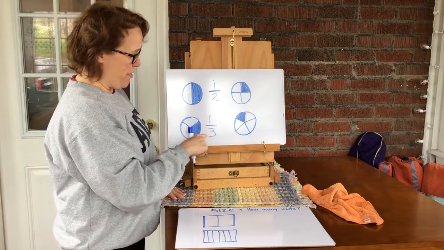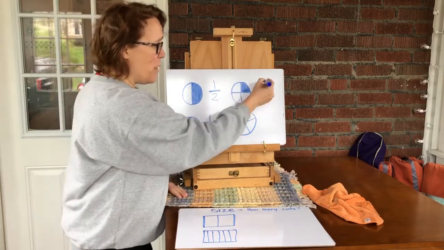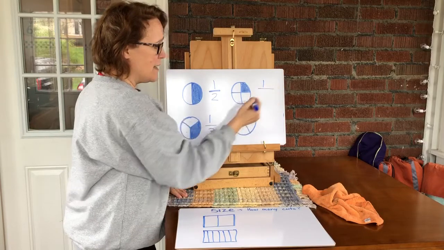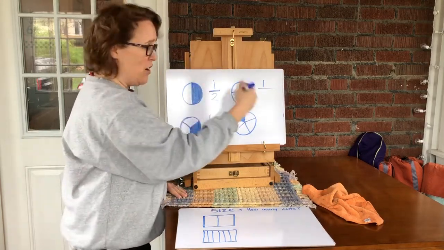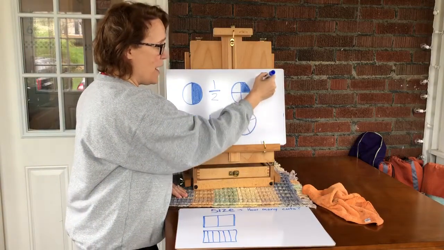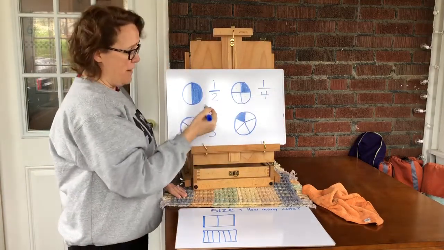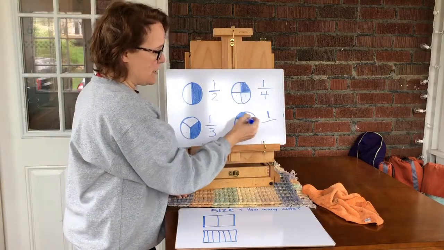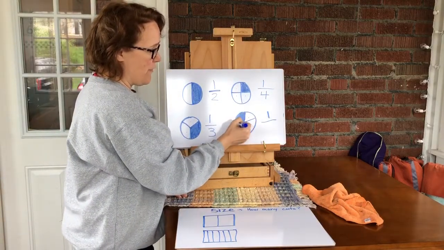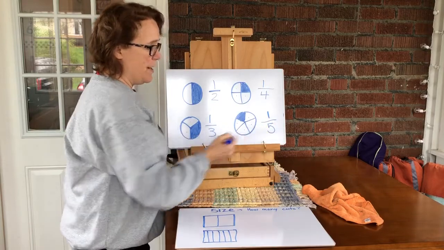Here I still have 1 piece, but now I have 1, 2, 3, 4 in all. So now I have 1 fourth. 1 half, 1 third, 1 fourth. Last one, I still have 1 piece out of 1, 2, 3, 4, 5. I have 1 fifth.